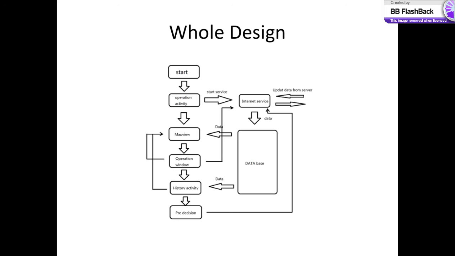Also, we want to add another function, the pre-decision activity. The pre-decision activity is used to make a decision before the user does. All the user needs to do is confirm the activity or change some part of the command, and then make the decision. It will save a lot of time. All the commands will be sent to the internet service and then to the server.